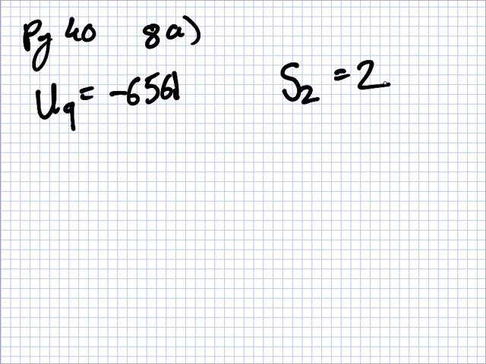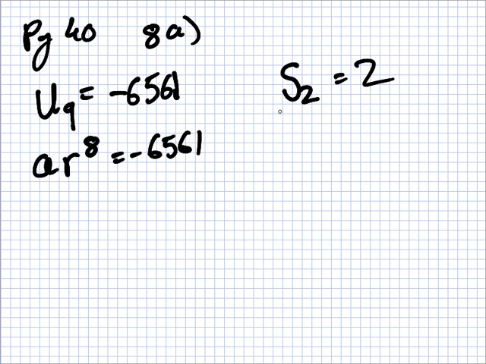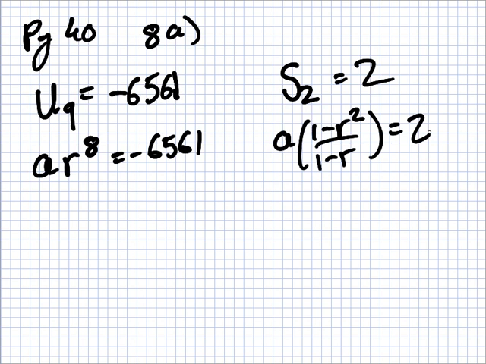I hope you got this part okay. I just say A R^8 equals minus 6561. And this is A(1 minus R squared) over 1 minus R equals 2. Is this okay so far? Right. Now, what to do next?